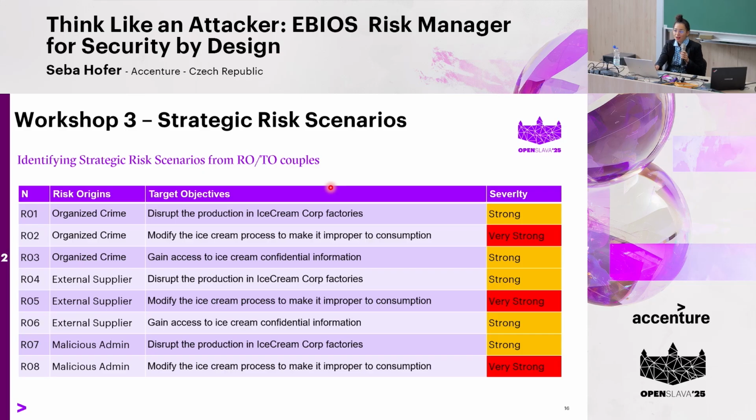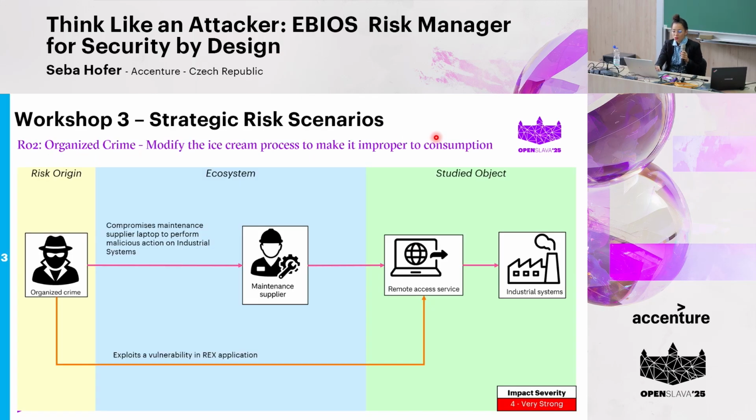Because we don't have so much time, I'm just going to do it for two couples, to give an example. It's the same here, the severity comes from the feared events, so it's the impact. Usually we like to do it with the clients in a visual way, because we find it's more interactive.